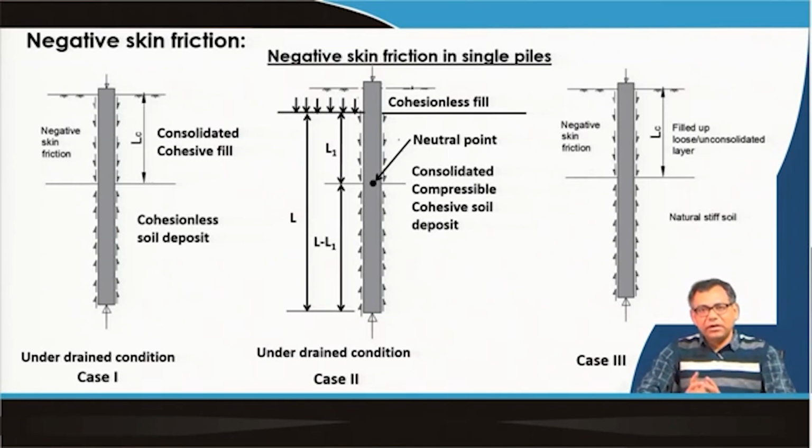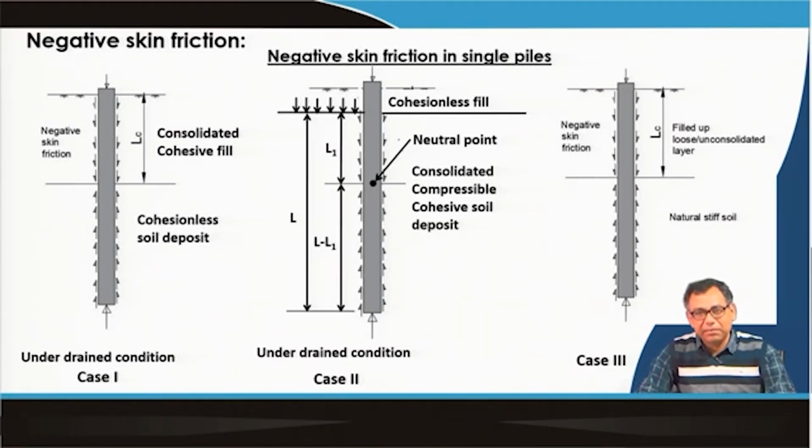In the normal case, the soil deformation is less compared to the pile deformation, so in terms of relative deformation the pile is moving downward, and frictional resistance is acting in the upward direction.